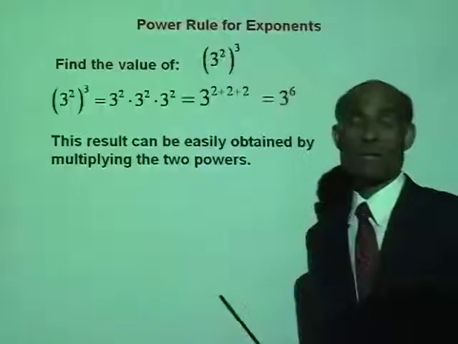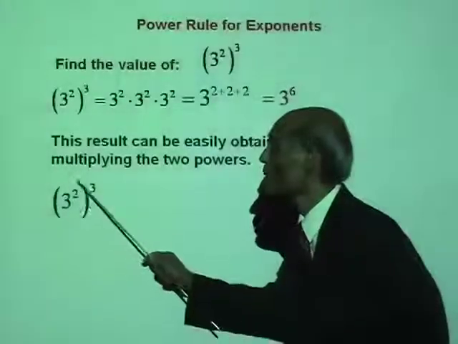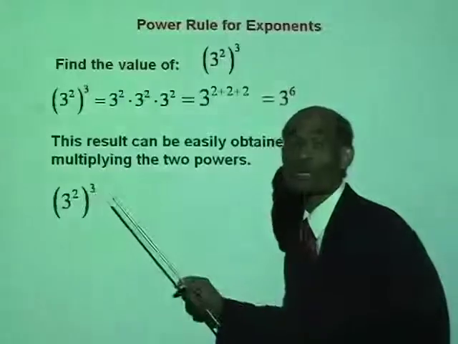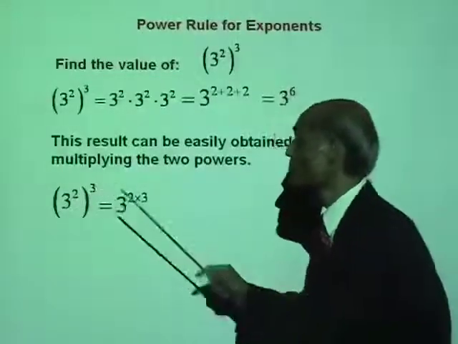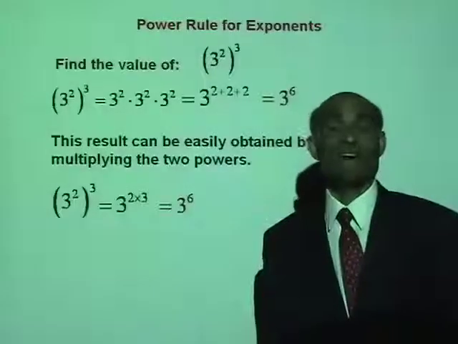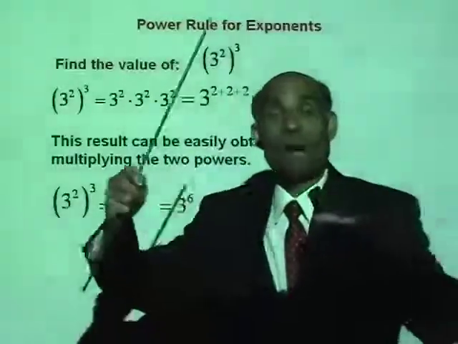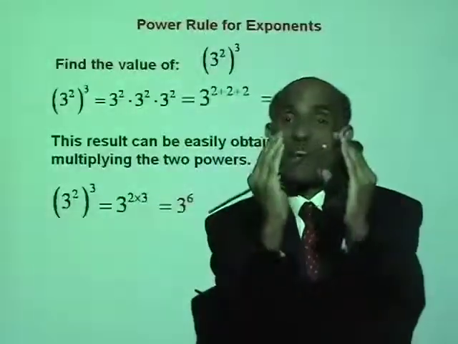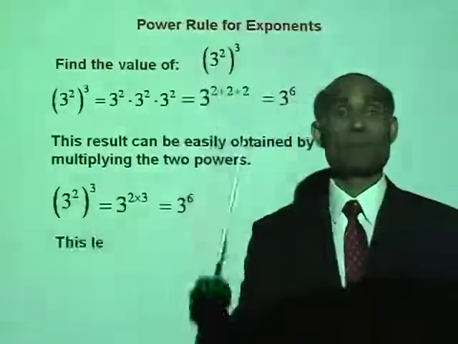Okay? Let's continue. So 3 to the power of 2 all to the power of 3 is the same as 3 to the power of 2 times 3, which is 3 to the power of 6. And this is what we call the power rule. You raise an exponential expression to a power.